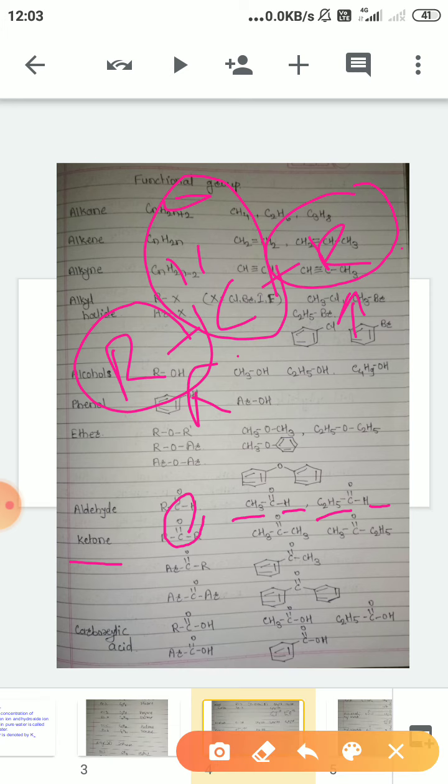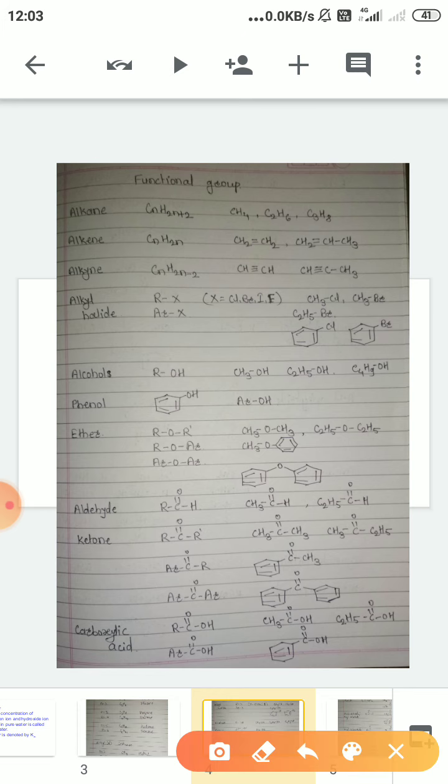Now see the examples of ketones. CH3 C double bond O CH3, that is acetone. CH3 C double bond O C2H5, butanone, or we can say ethyl methyl ketone, and the first one we can also say dimethyl ketone.